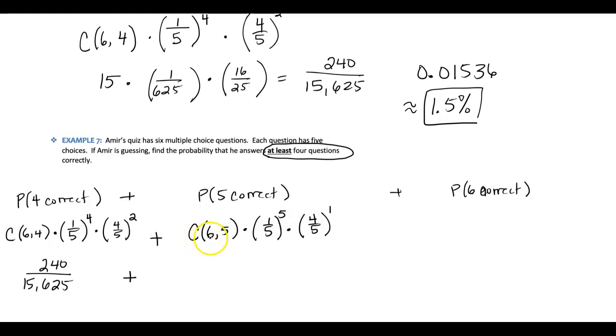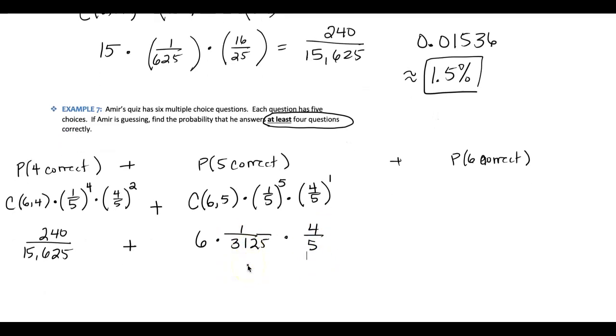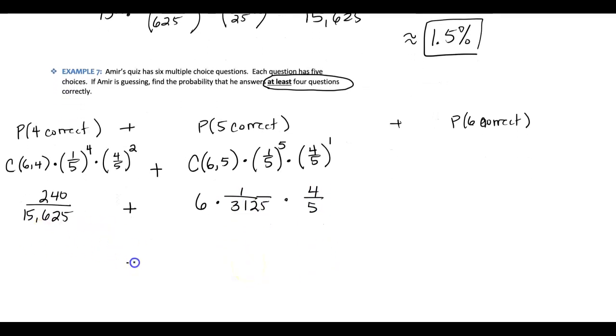Here, the combination of 6 choose 5 is 6 times 1 out of 3,125 times 4/5. And that gives a total of 24, remember that 6 is in the numerator, out of 15,625. And we still had 240 out of 15,625 from choosing 4 correct.